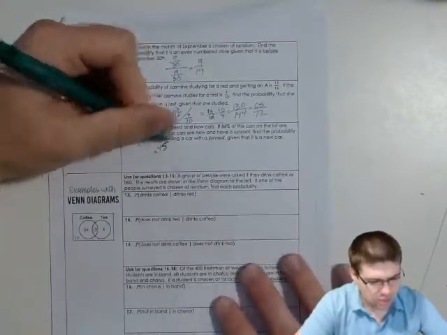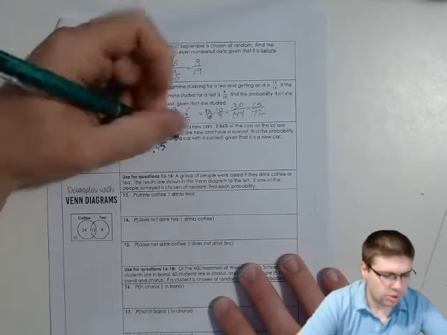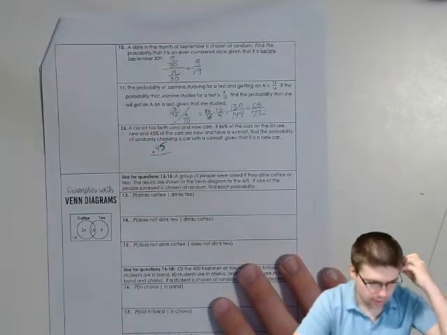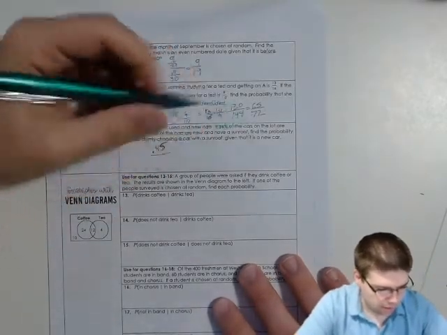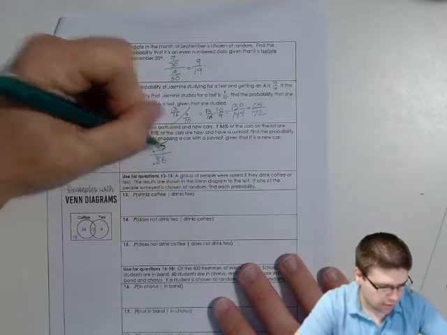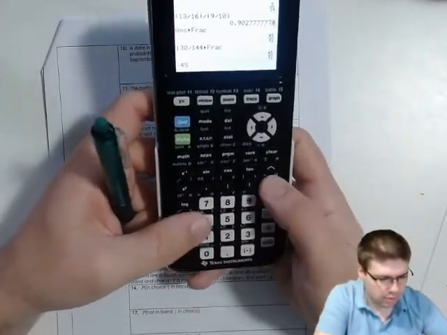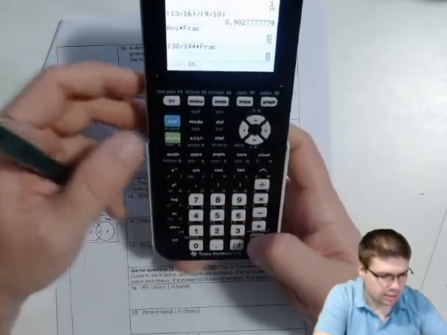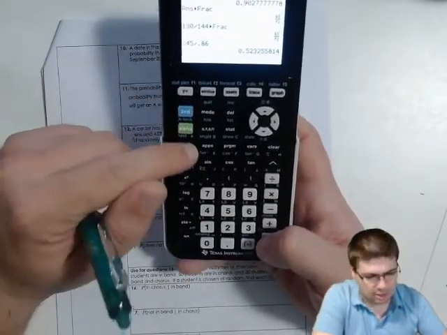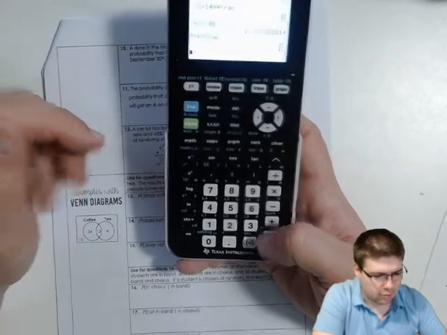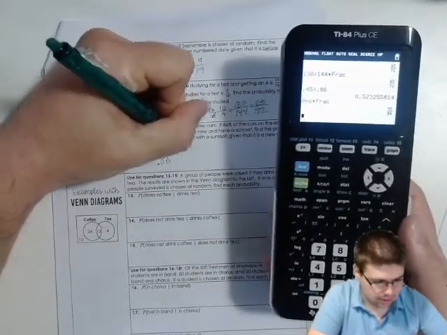So that's 0.45 chance that it's both new and has a sunroof, divided by the overall probability that it is new, so 0.86. And so we can divide those up. We actually get a pretty nice fraction: 0.45 divided by 0.86 is just 45 out of 86.